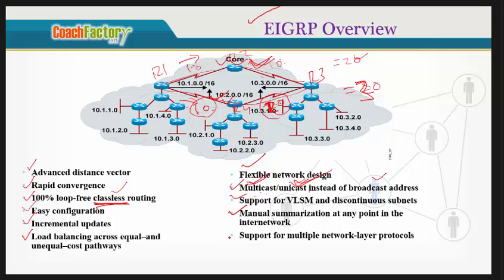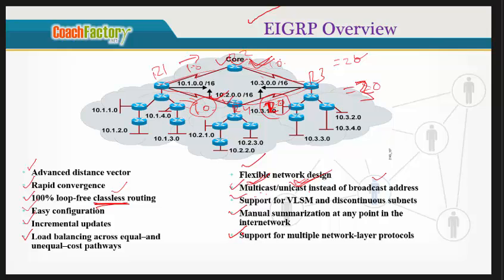We can do manual summarization at any point in the internetwork, unlike OSPF. In OSPF we can do summarization only on the ABR and ASBR. So EIGRP is pretty flexible to use. You can go to any router and do what? Manual summarization. But in EIGRP we do it under the interface.